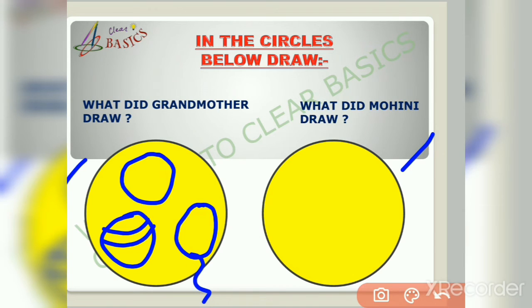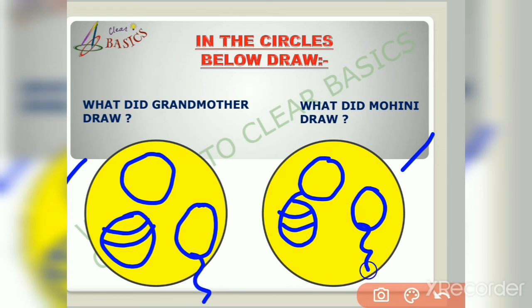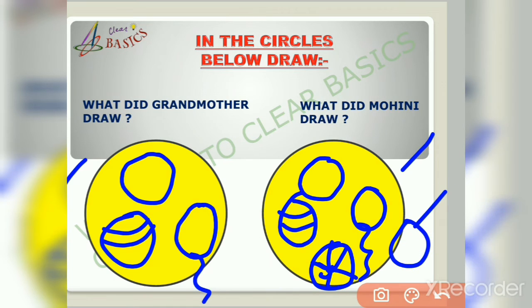Mohini also did the same. First a circle, then a ball, then a balloon, and she also drew a wheel, a sun, and her own face. Friends, I hope you all have understood this clearly.